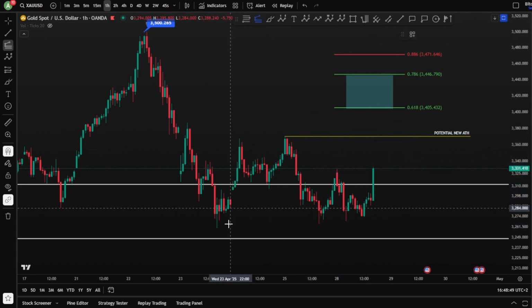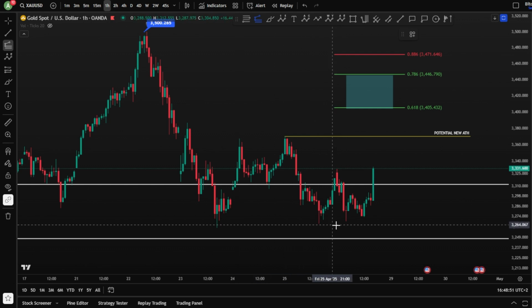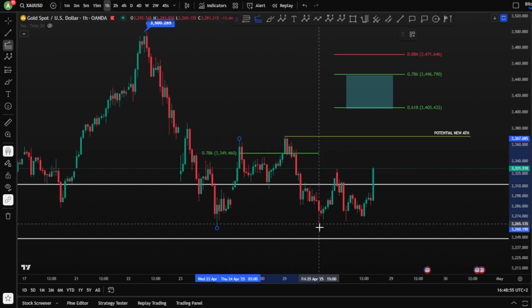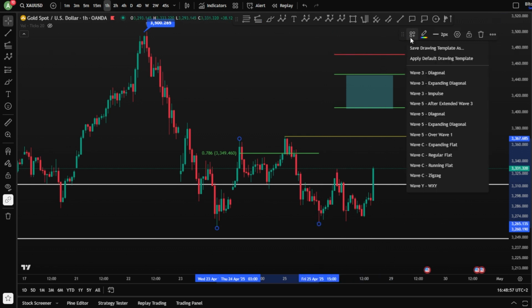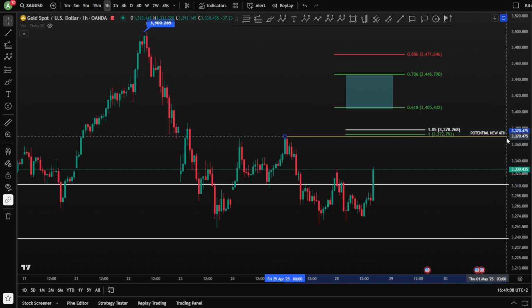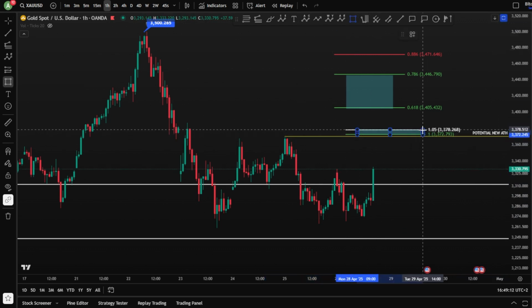Basically, the target for this wave C, and by the way, you hit the 886 here in the low, so it's very low possibility for a wave 1, 2 here as an impulse, meaning it's very low possibility to take the high. Now, as a wave C, you would like to hit the regular flat wave C, meaning taking almost exactly this high, which is the next blue box for us in the gold.